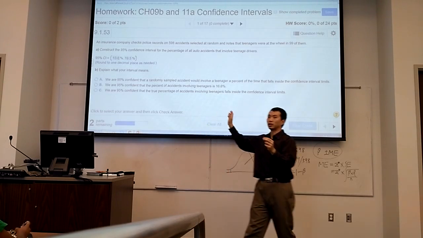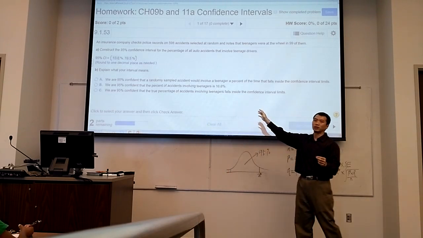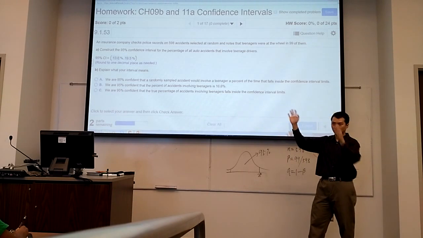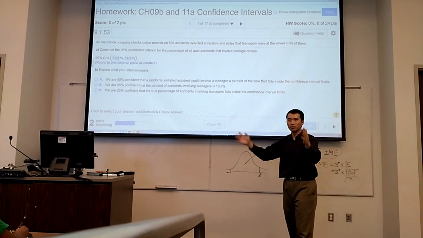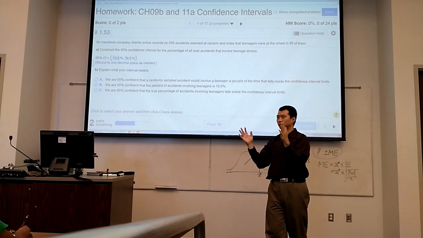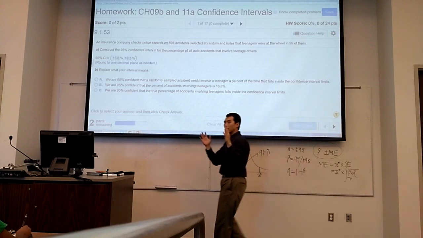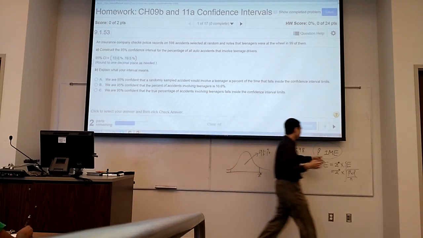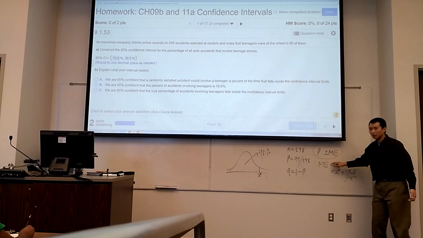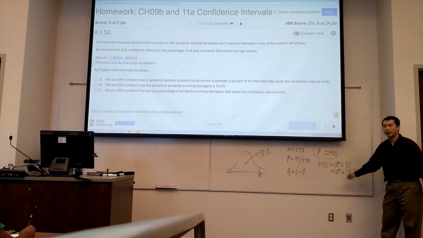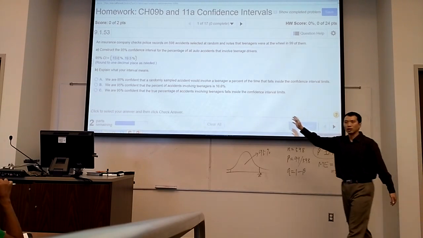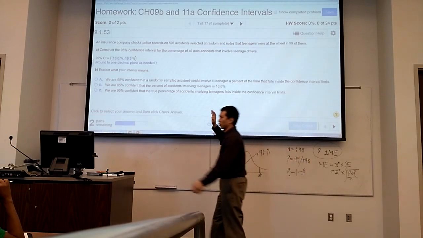It's always like this to construct a confidence interval, because those two limits define an interval. And in some other questions, we may need to just calculate the margin of error or the standard error and so forth. But I will show you some other questions as well.